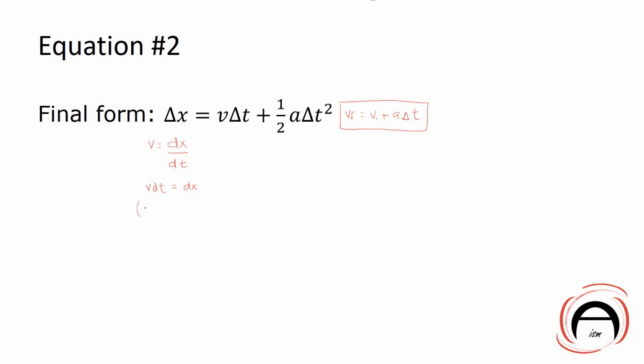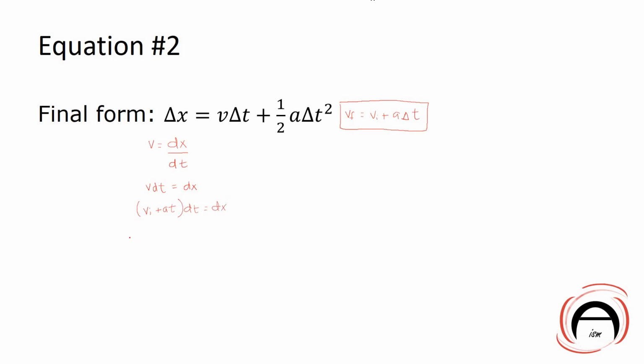So you're going to have your v initial plus a change in time, or we can actually just change, instead of calling it delta t, let's just call it t right now. dt is going to be equal to dx.